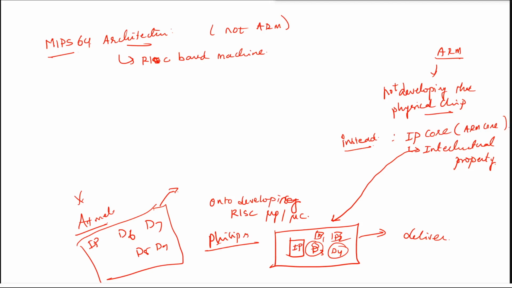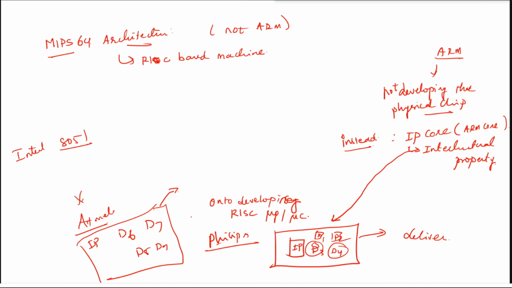So when you use any ARM-based microcontroller, it is completely vendor specific. It is not a generalized case. With Intel, if I read about the 8051 microcontroller, it is going to be the same whoever develops it. But that is not the case with ARM, because ARM gives the core and each vendor fixes up some devices and delivers.